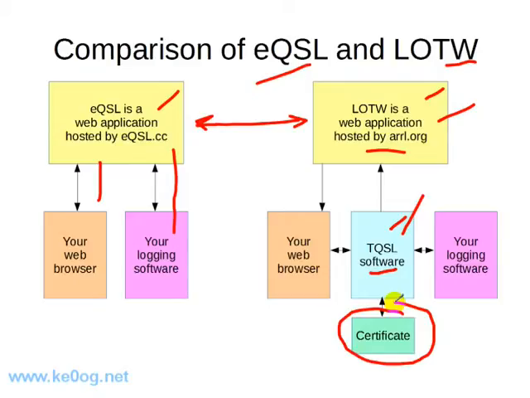This is a digital thing. It's an IT thing. It's a piece of code, a file that only you have. So when you use that to sign logs going up to Logbook of the World, it knows that it's you and no one else because only you possess that certificate.